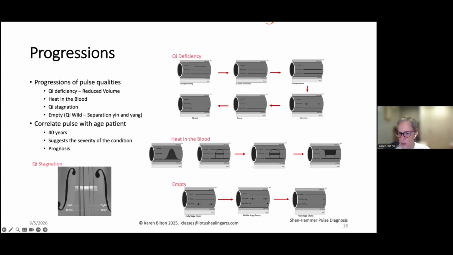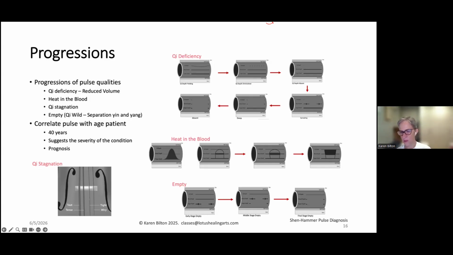Now, this is a sign that the system is very vulnerable. So if we, with our pulse diagnosis, can pick this up when the organ depth is just beginning to separate, before we get to this true empty where we're just feeling the chi depth, you can actually work with this, and you can bring back a separating organ depth without too much trouble.